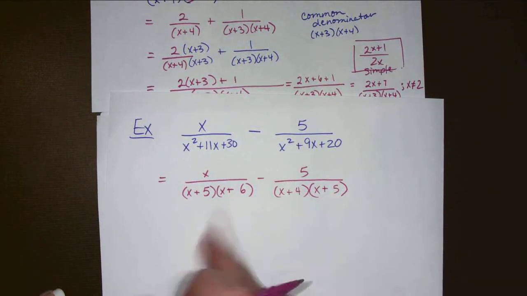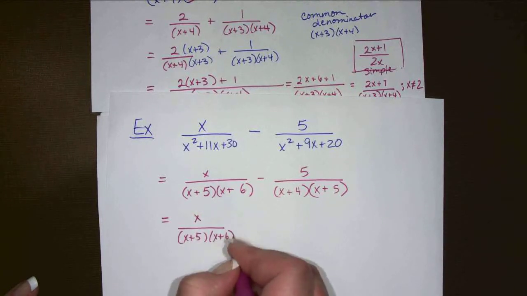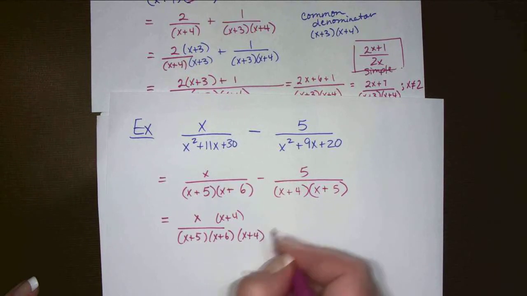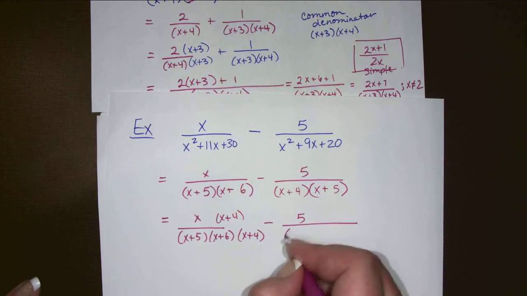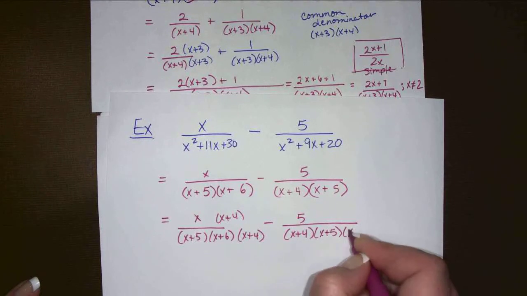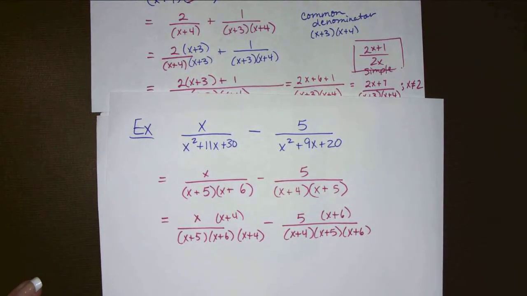What do we need to multiply the first one by? X plus 4, the one that's missing. And the second one, x plus 6, the one that's missing. Now they're both the same. Okay, we have the same 3 factors.